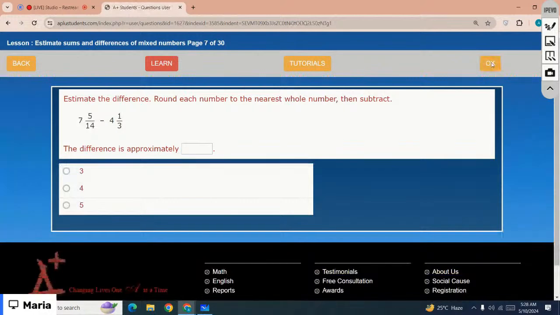So which is the correct option? Yes, that is 3. Very good. The correct option is 3.